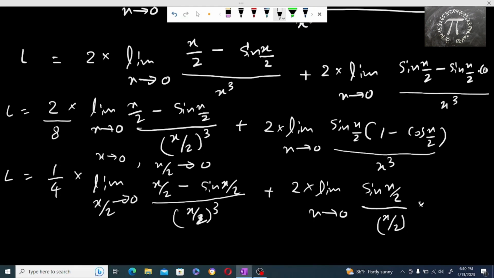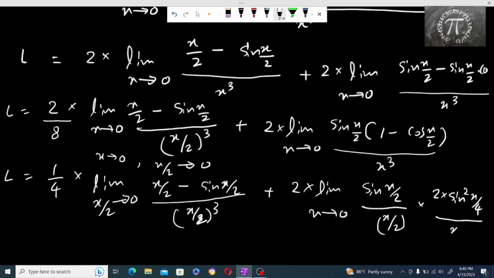We can again apply the double angle equation, so it becomes 2 sin squared (x/4).